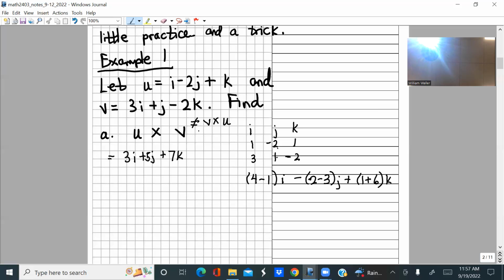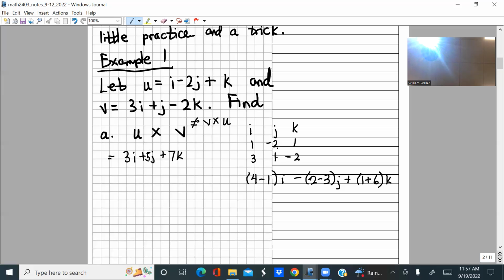That's not just a piece of trivia actually, because in the very near future we'll want to find vectors that are perpendicular to two given vectors, and this is how you do it, by computing the cross product.